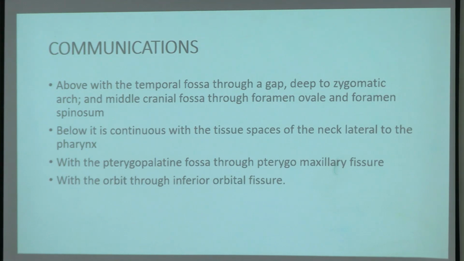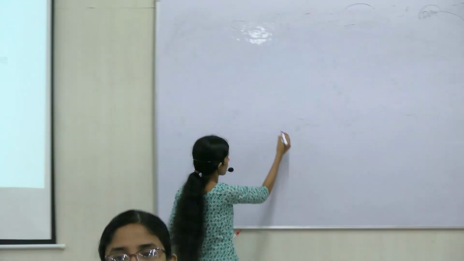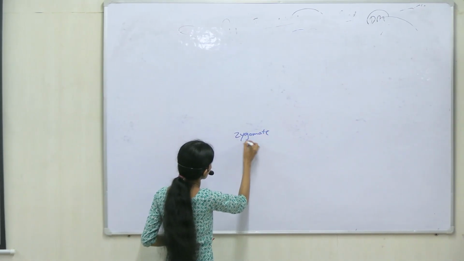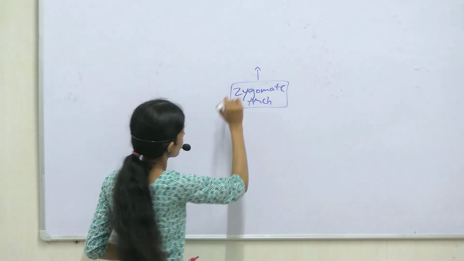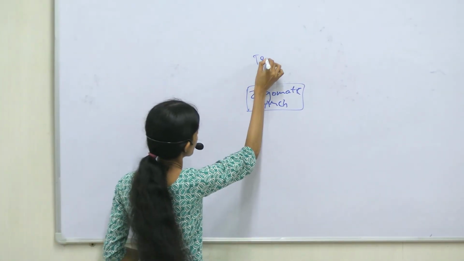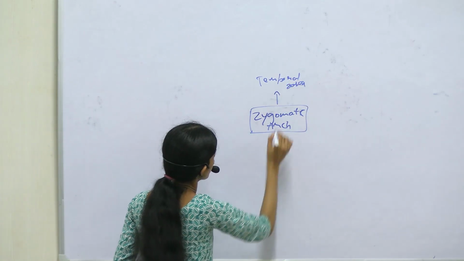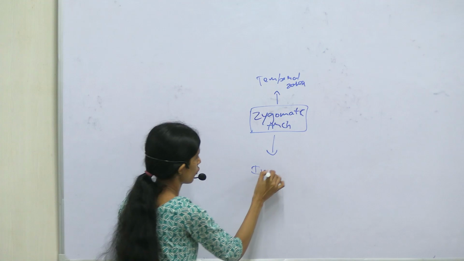To know about the communication, we have to start from the zygomatic arch. Imagine this is your zygomatic arch. Above the zygomatic arch we have temporal fossa, and below the zygomatic arch we have infratemporal fossa.